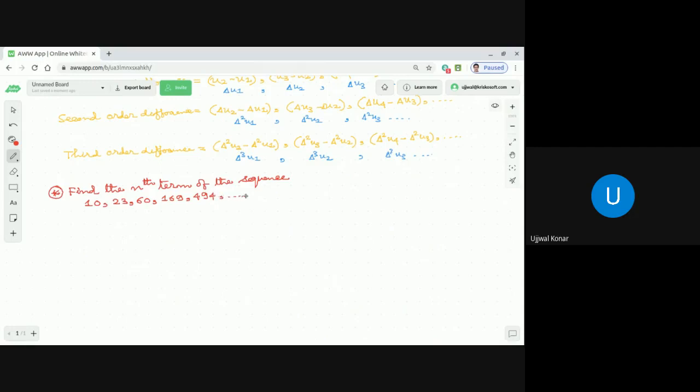Sequence and series are the same in this context. Got it, dear students? Please note this down and start solving it.